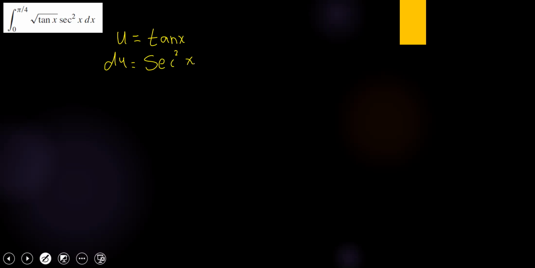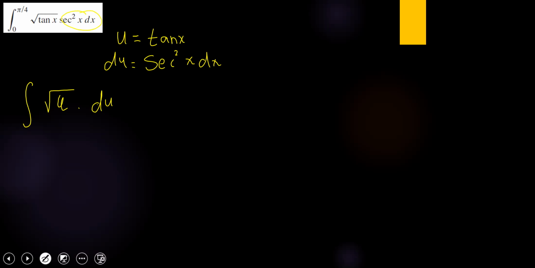Then let's come back here. Now I will substitute tan x with u, and here, as you see, secant square x dx, I can replace with du. So I have now an easier one, square root of u du. Before I continue, I have to change the interval.